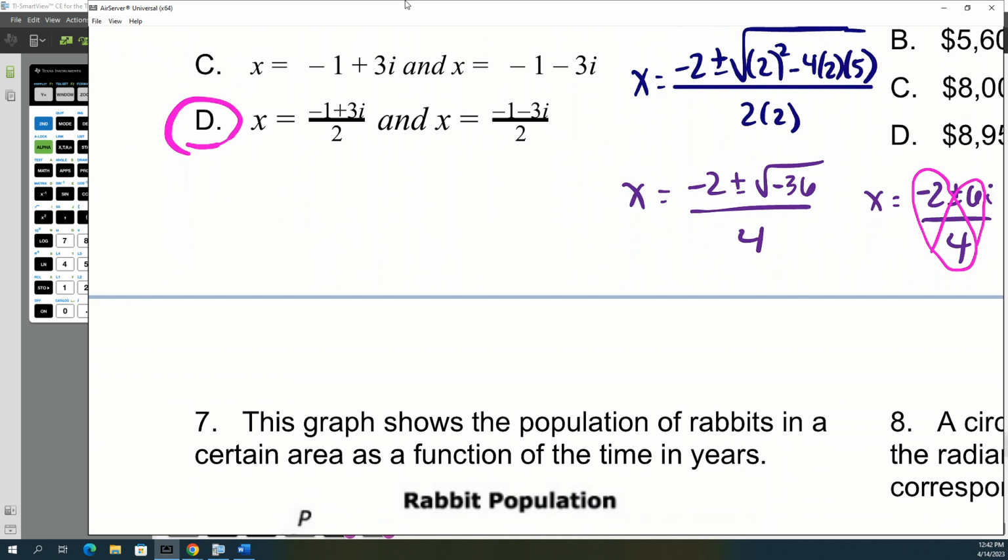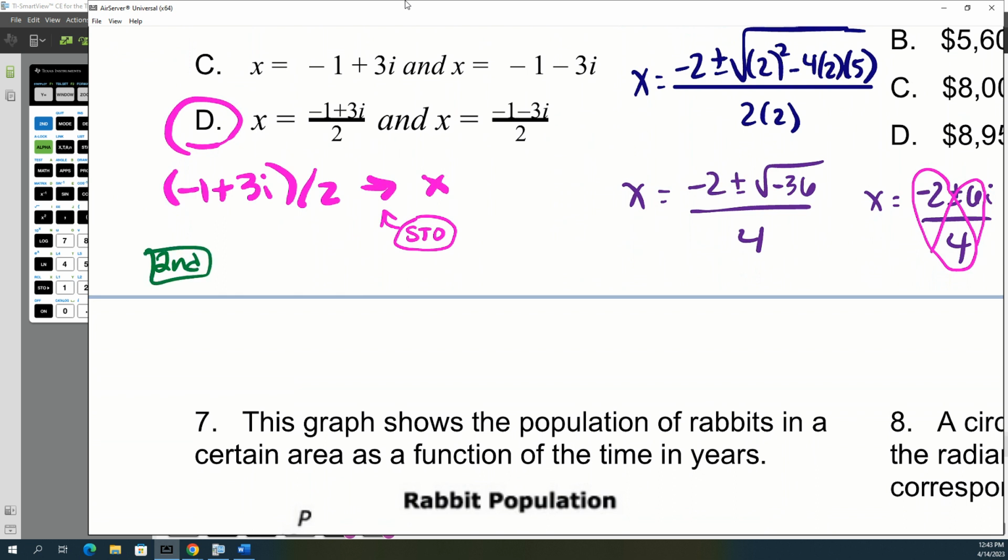So what you would do is -1 plus 3i divided by 2, and then store x. And then anytime you want to get i, it's second, and then the decimal point is going to give you i.